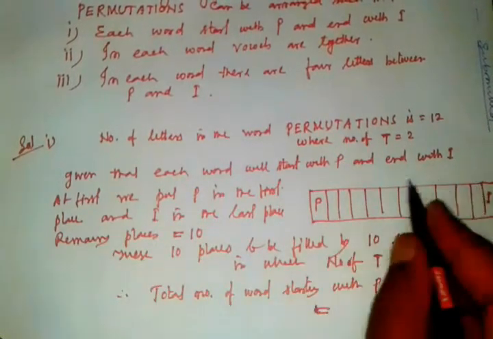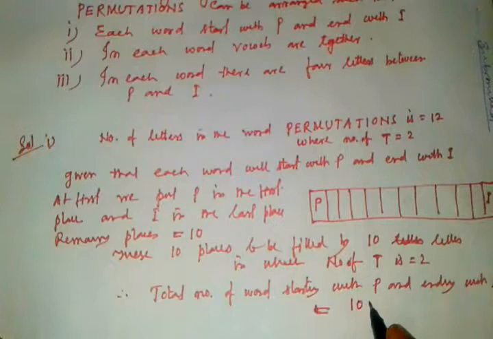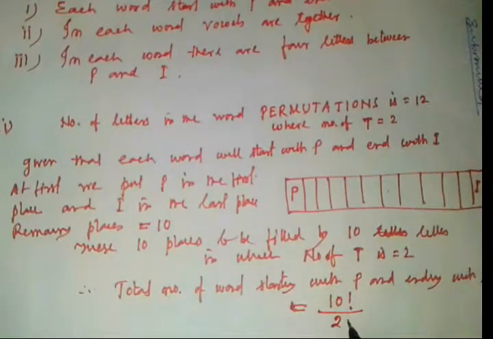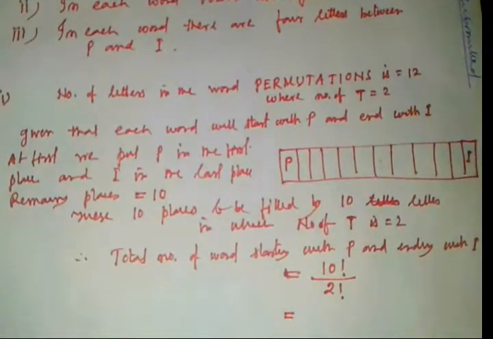Therefore, we have to arrange 10 letters in 10 places. This is factorial 10, and the number of T is 2, therefore this is factorial 2. After simplification, we get the value 181440.